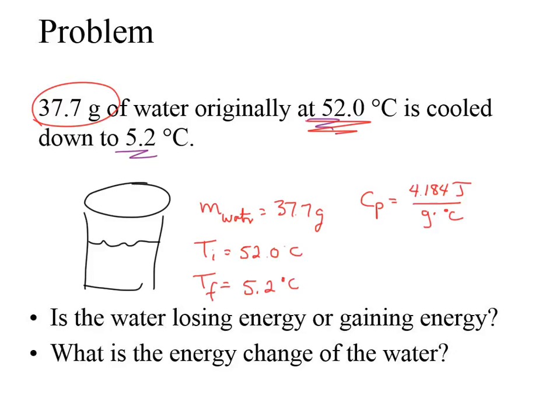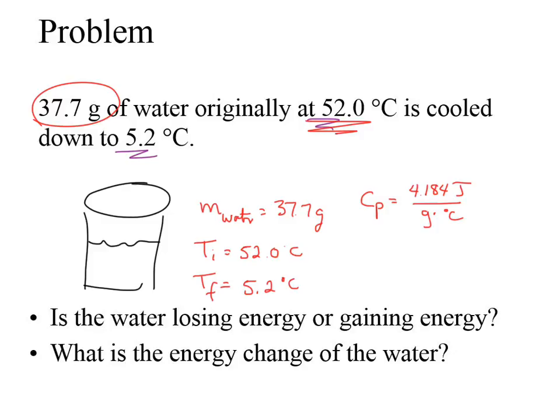Okay, so it's cooling down, so energy's given off, so we should have, what, a negative Q. Does that seem right? Energy given off? I'm thinking so. So is the water losing energy or gaining energy? How many people think it's losing energy? Me too.